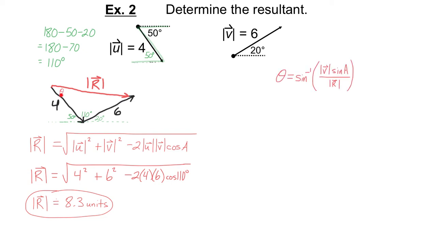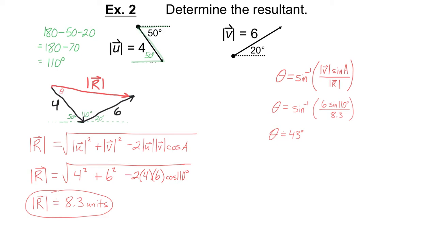Now theta will be the angle in here across from vector v. And this was the formula that I derived in the previous example. So I'm just going to plug in my numbers and use my calculator to solve. And you'll see I get an angle of 43 degrees in here.